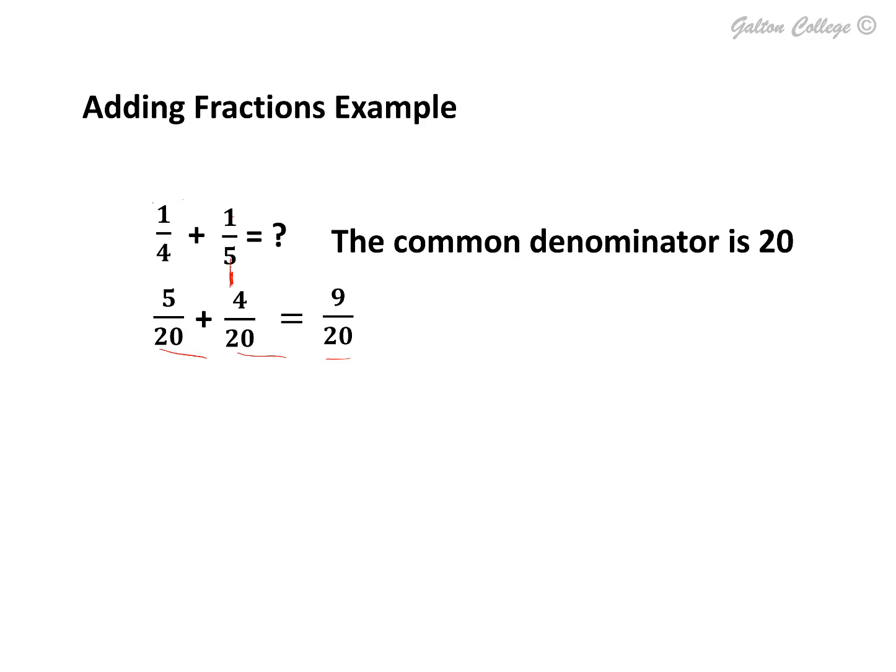And that's the answer. When you add 5 plus 4, you get 9. So 9 over 20 is the overall answer. In other words, a quarter plus 1/5 equals 9 over 20. That's adding fractions.